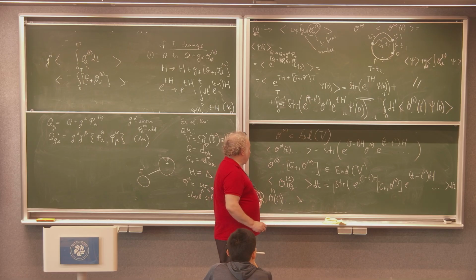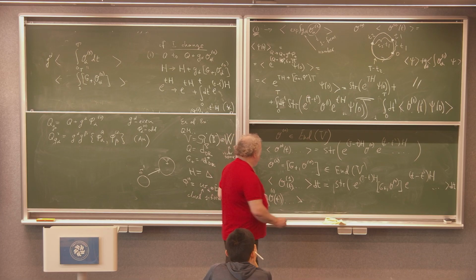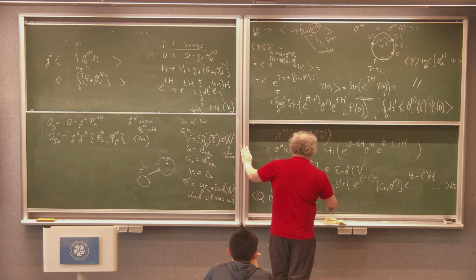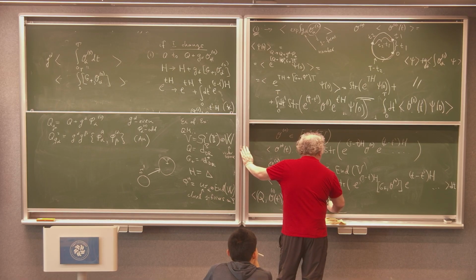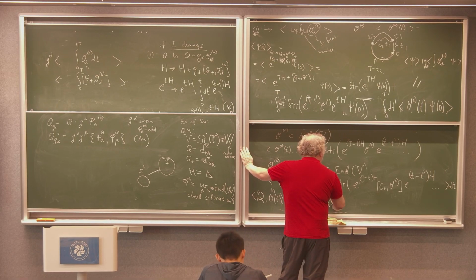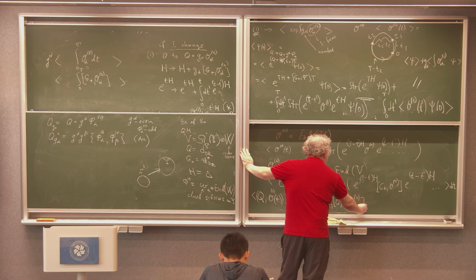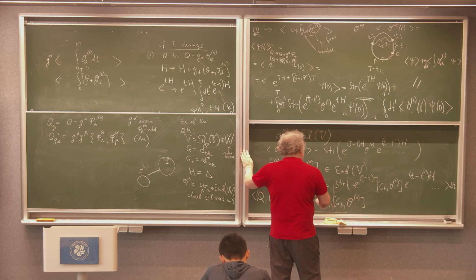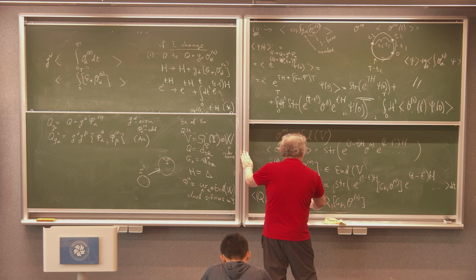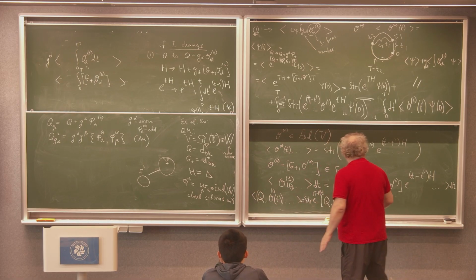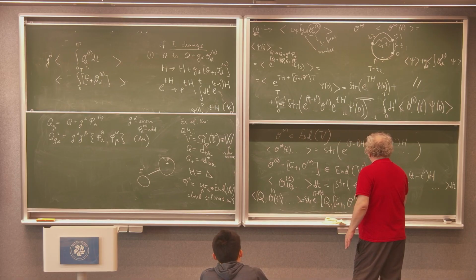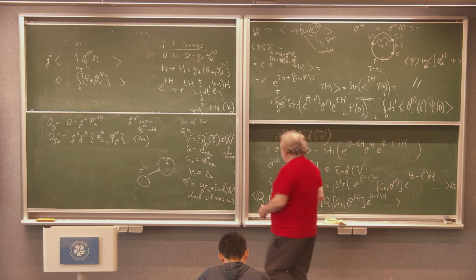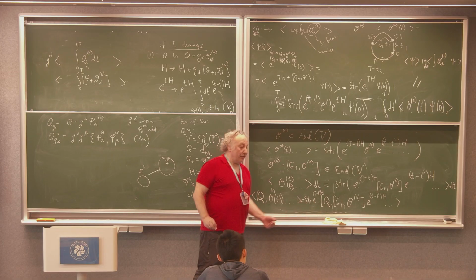It means that I take Q, I apply G plus of 0 and I put here e to the T minus T prime H. So when I use this symbol, I mean exactly this.